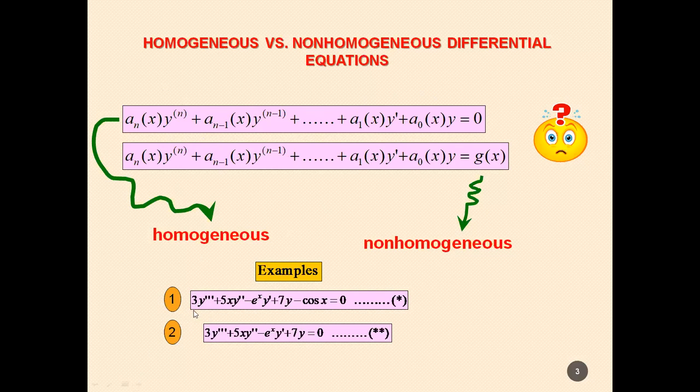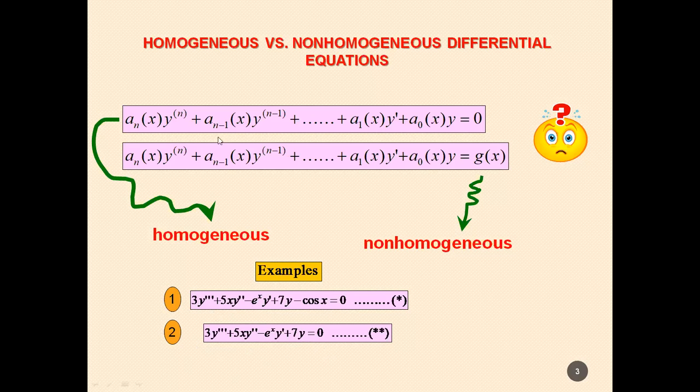So these are specific examples below. You could see here 3y triple prime plus 5xy double prime minus e raised to x y prime plus 7y minus cosine of x equal to 0. And the second example is 3y triple prime plus 5y double prime minus e raised to x y prime plus 7y equal to 0.